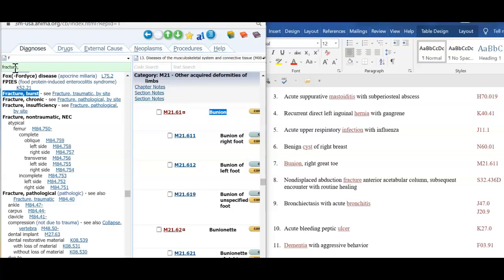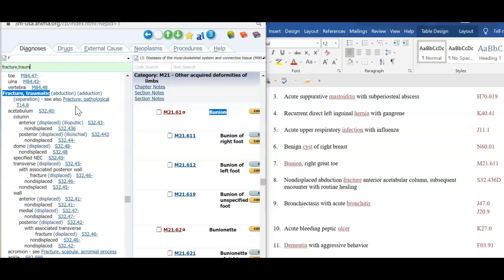And one thing when you are coding fractures, and you'll get more detailed when we get to the injury section, musculoskeletal section: all of your fractures, you are going to assume that they are traumatic unless there is a disease such as osteoporosis, a bone disease, then it's going to be pathological. But we are going to assume, so you're going to go fracture, traumatic.